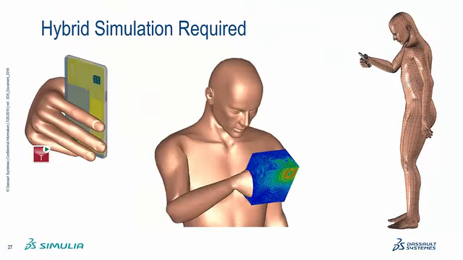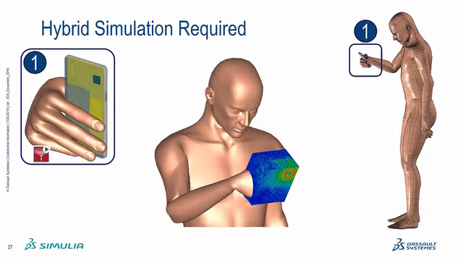And then, of course, the other question is, so let's say we can model the body, but how do you model this finely detailed phone in the context of the body? And here we use a hybrid simulation technique. In fact, you could almost say that it's required. So we simulate the fine detail of the phone, perhaps with the surrounding hand, with a full wave technique like the time domain solver.